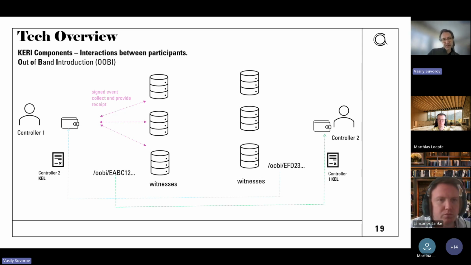For that, there's a concept called out-of-band introduction, or OOBI, depending on how you like to pronounce it. And it's basically a very simple thing. I'm giving you a URL, typically just an IP address.